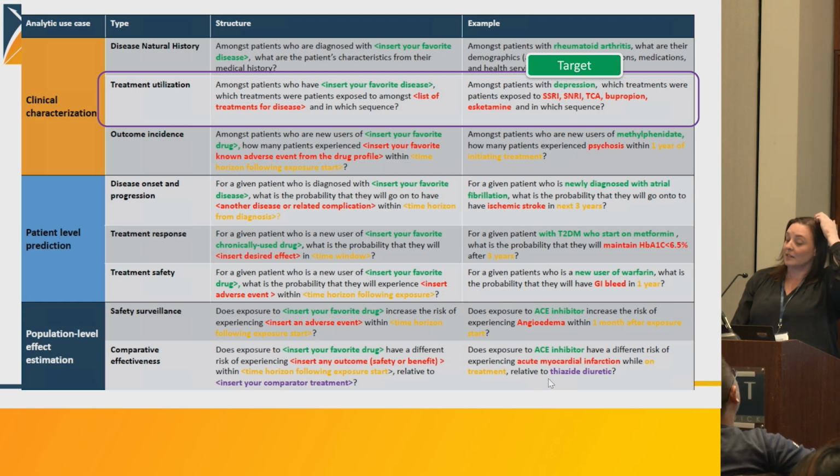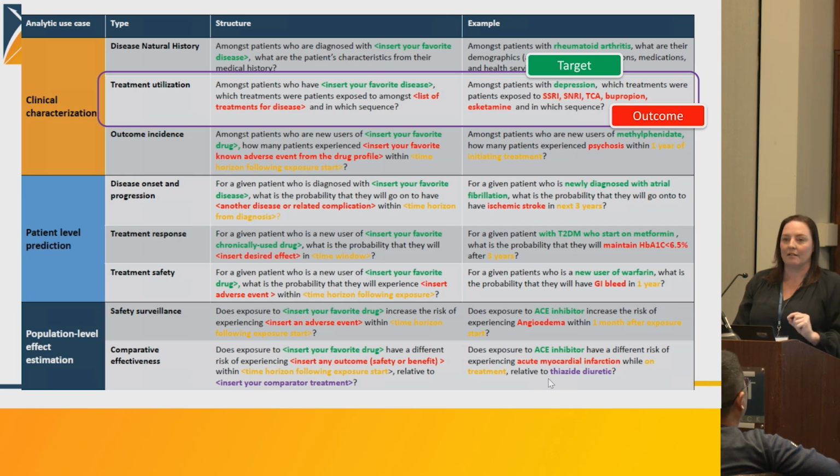In this case, those people with depression. Amongst those people who have depression, based on our design, who has the outcome of interest? We just might want to know the incidence rate of use of particular medicines in people with depression. That's pretty easy, and there are lots of different examples of those kinds of questions.